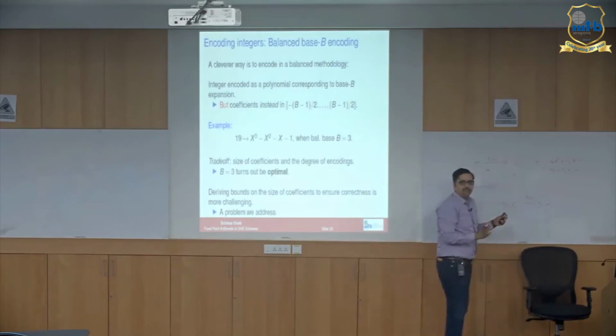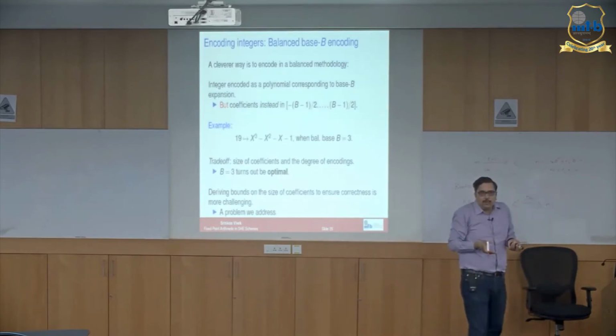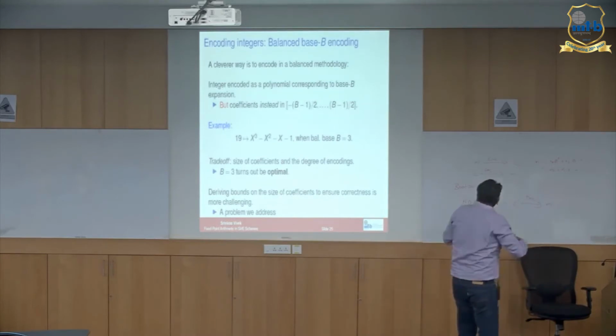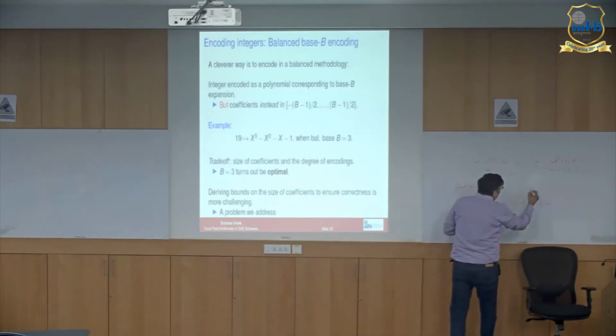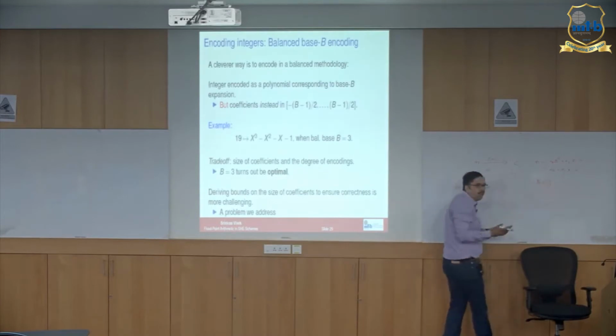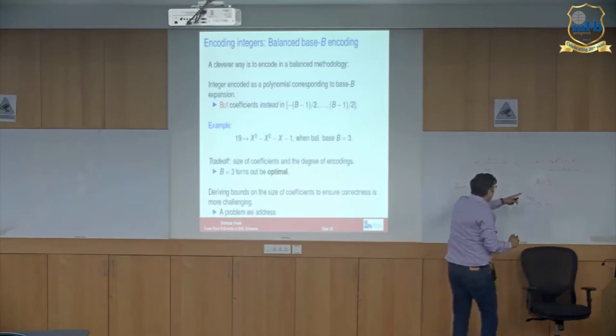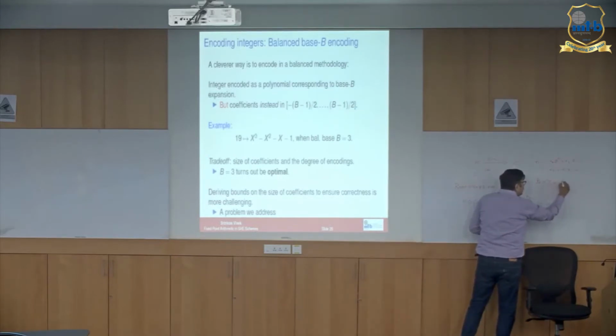How to decode? Given this polynomial, I just need to plug in x equal to B. When we did some experiments, it turned out that B equal to 3 is better, because you start with small coefficients. In this base 3 expansion, we will not use the digits 0, 1, 2.